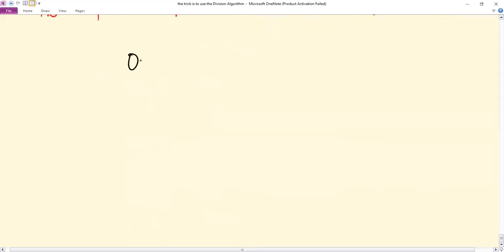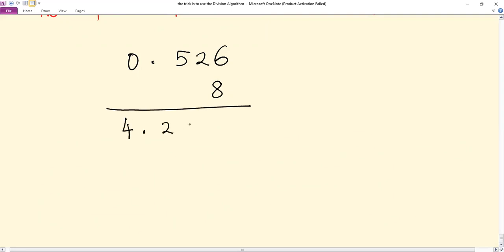So we write 0.526, then we multiply by 8. Using your calculator, when you multiply by 8, you get 4.208. In the next step, you multiply by 8 again. But remember, this 8 will not affect this 4. You are multiplying 0.208 times 8, and that will give you 1.664.